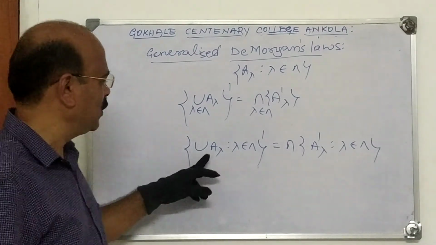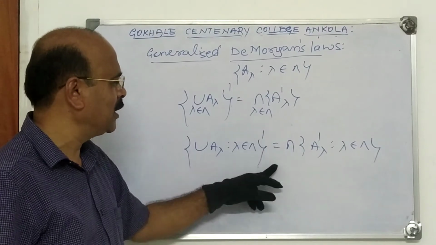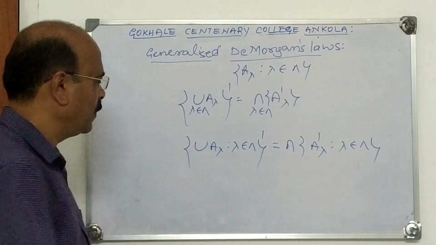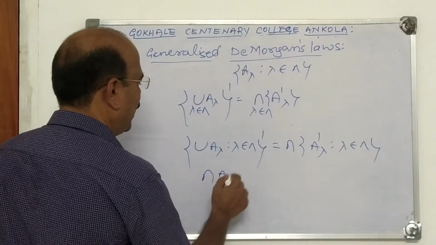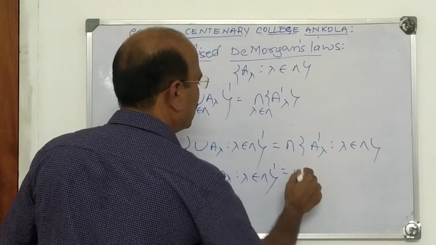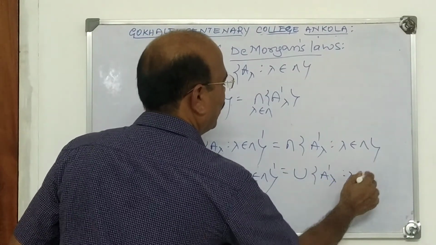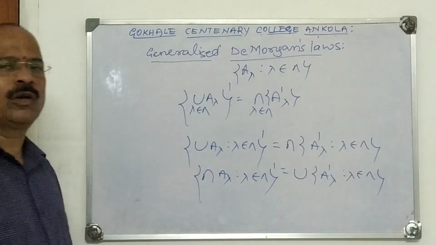You can see the difference here. The complement of the union of A lambda becomes the intersection of A lambda complements, and the complement of the intersection of A lambda, lambda belongs to lambda, is the union of A lambda complements, lambda belongs to lambda. This is called the generalized De Morgan's laws.